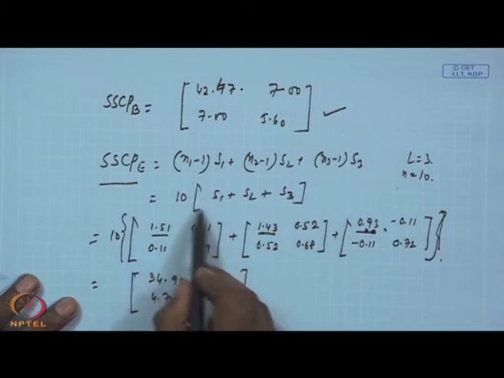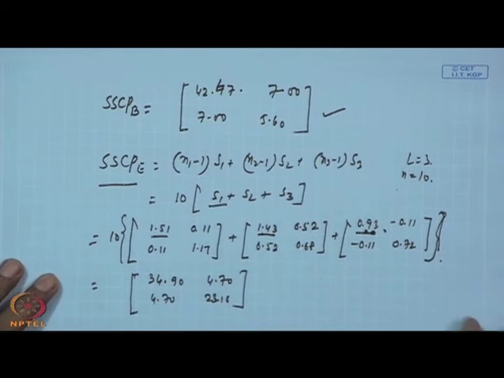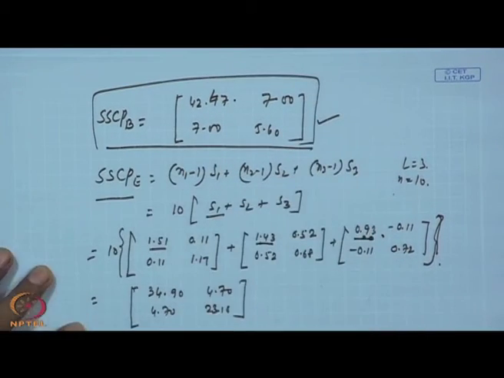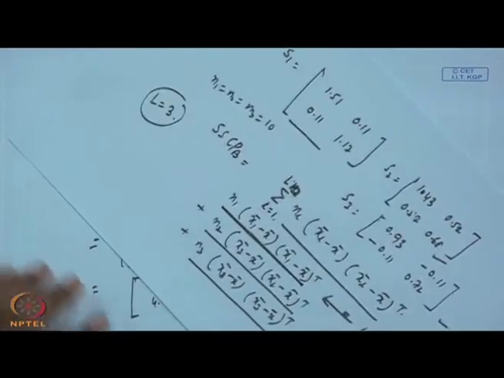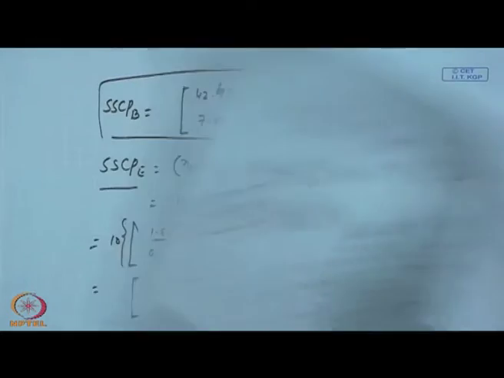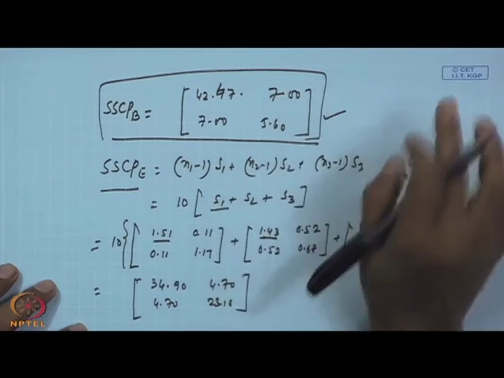So, for the first one, this SSCP B resultant value is this, where all three parts are added, parts related to this component, this component, this component, when added you will be getting like this.